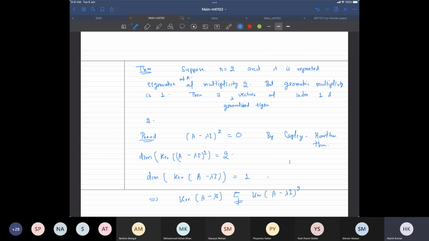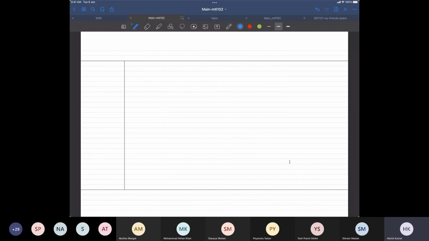Okay, now we'll take a vector Z such that Z belongs to the kernel of A minus lambda I square, but Z does not belong to the kernel of A minus lambda I. That means Z is not an eigenvector, it's a generalized eigenvector of index 2.